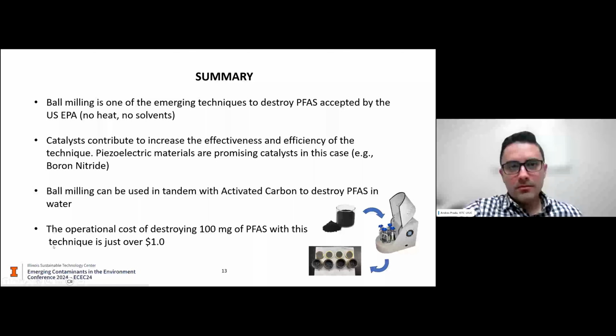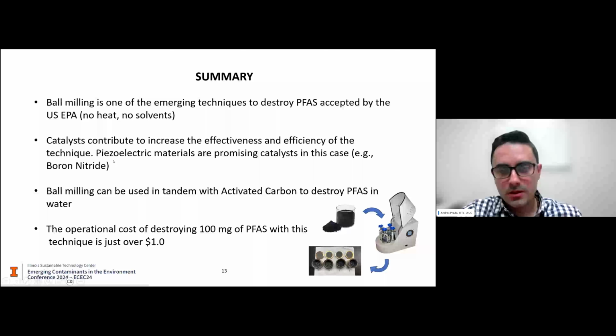In summary, ball milling is one of the emerging techniques to destroy PFAS accepted by the US EPA. It requires no heat, no solvents. Catalysts definitely increase the effectiveness and efficiency of the technique, and piezoelectric materials are a promising catalyst. So far, boron nitrate works.